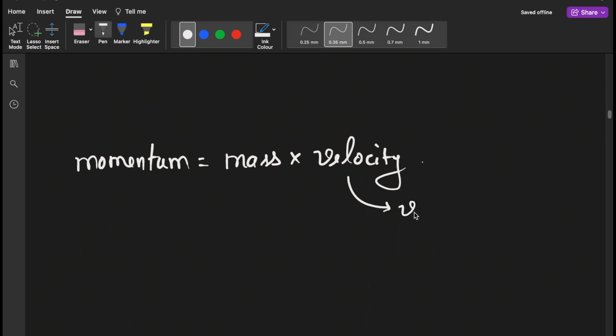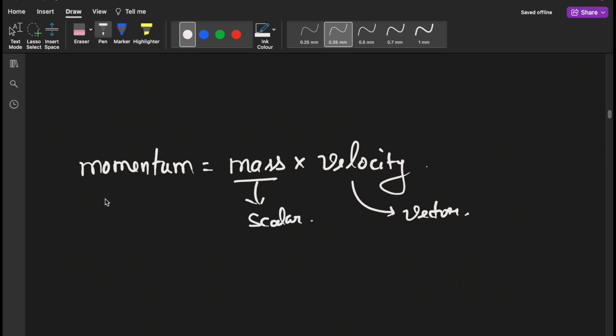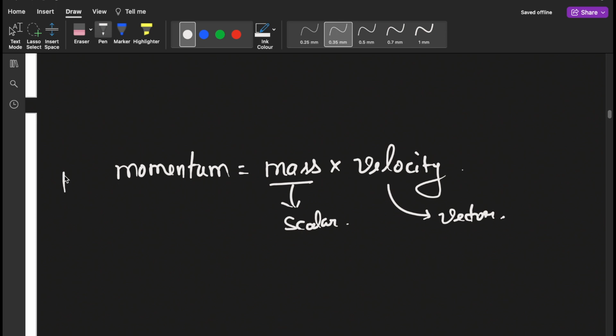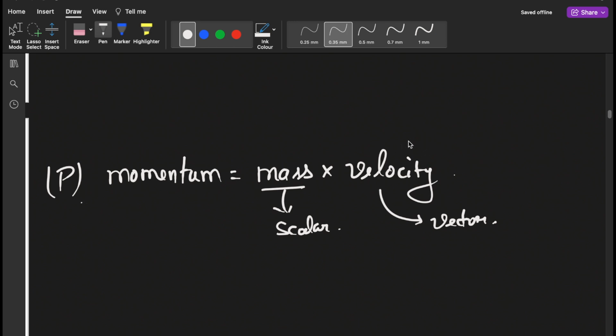Vector quantity. This is a vector quantity. If you multiply a vector quantity with a scalar, this is a vector quantity, correct? Momentum, by the way, we write with the p. Because it is a product of mass and velocity, mass is a scalar quantity and velocity is a vector quantity.